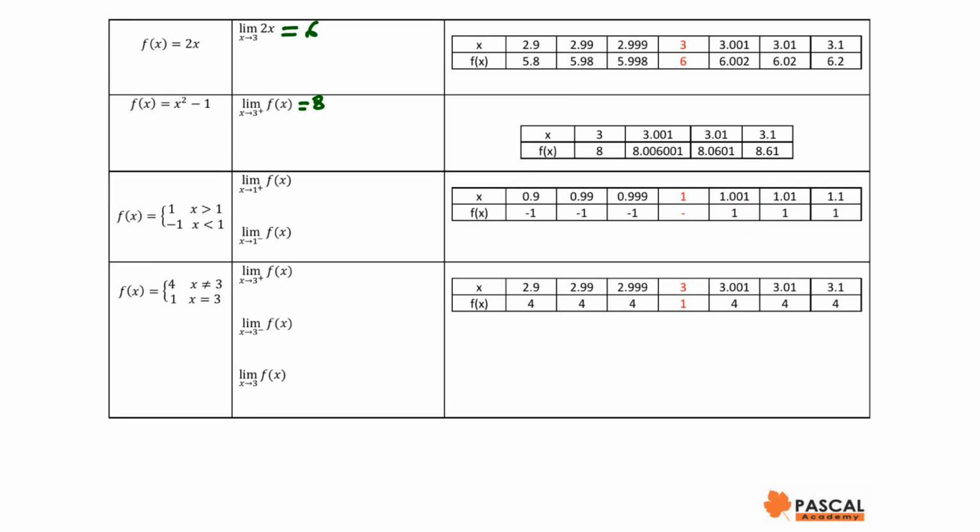That means the limit of f of x as x approaches 1 from the right side is 1. Similarly, the limit of f of x as x approaches 1 from the left side is negative 1. Since the right side and the left side limits of f of x as x approaches 1 are not the same, the limit of f of x as x approaches 1 does not exist.